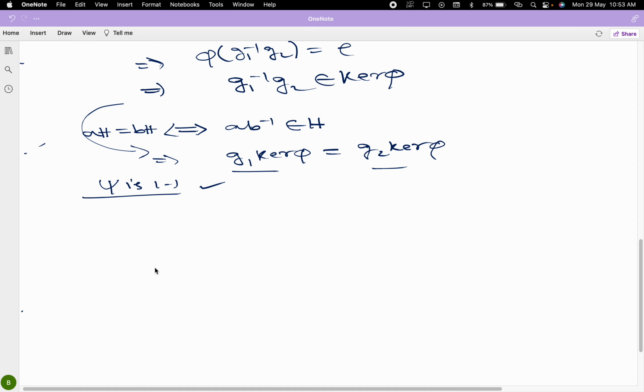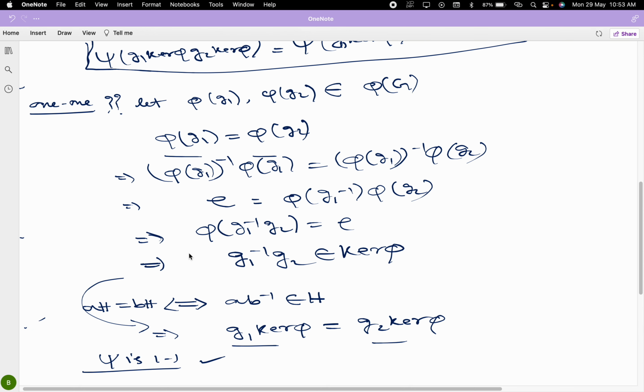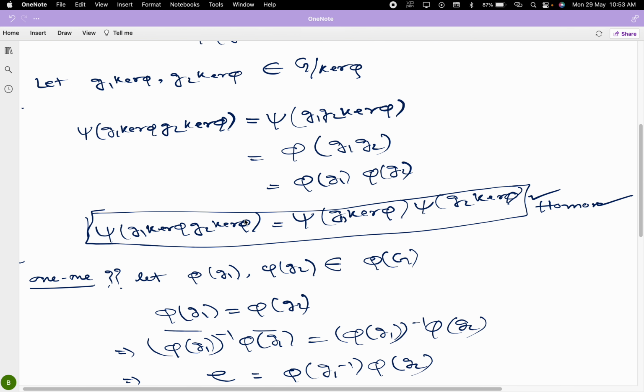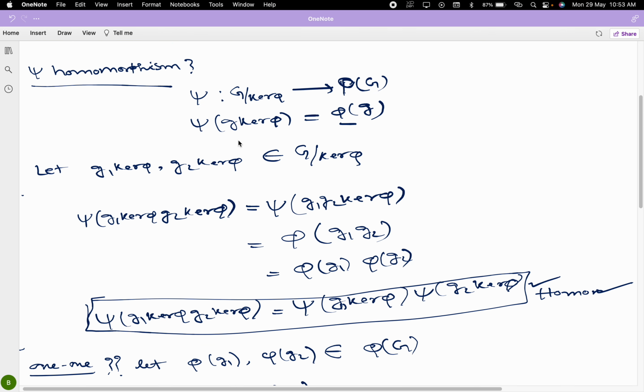and it is a very natural map, and it is clearly visible that this map is onto. This map is G mod kernel phi, where g kernel phi goes to phi of g. You take any element in the codomain, that means in phi of G, and I should be able to give you an element inside G mod kernel phi such that the image is that element.